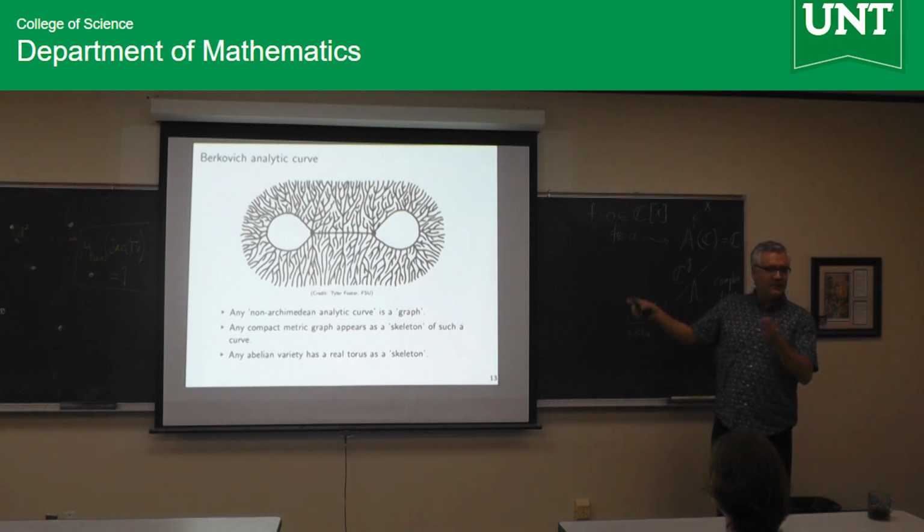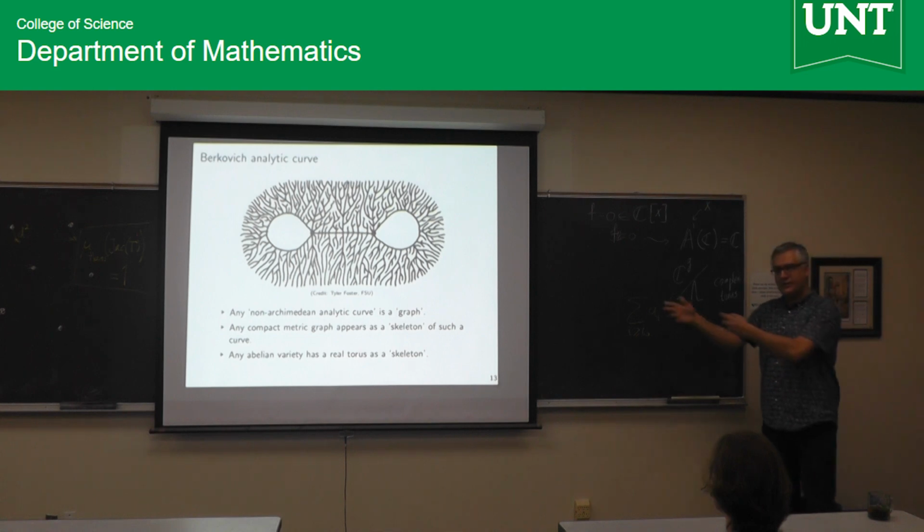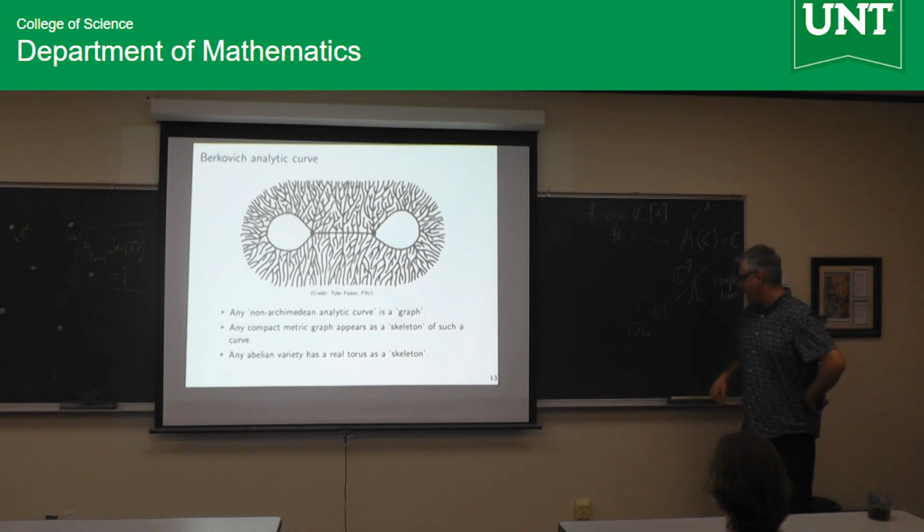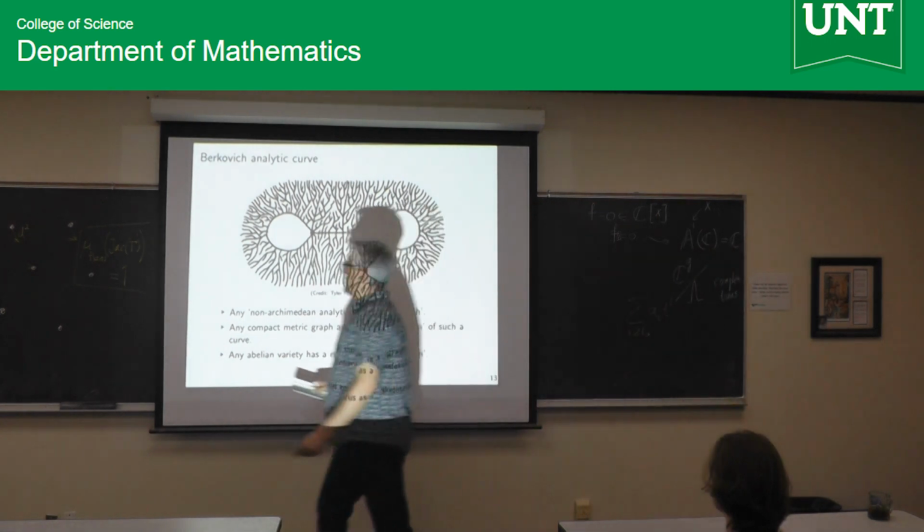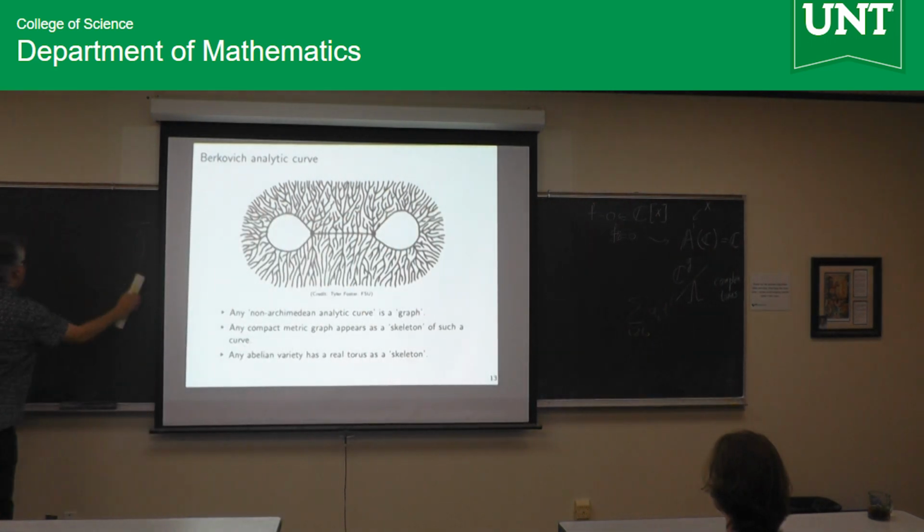And for abelian varieties, which I haven't defined and don't intend to define, but maybe you have heard of elliptic curves, I'll come back to that. These things are going to be a real torus plus some hair, but higher dimensional hair. It was hard for me to draw it on the slide, but I want you to have a picture like this in mind.